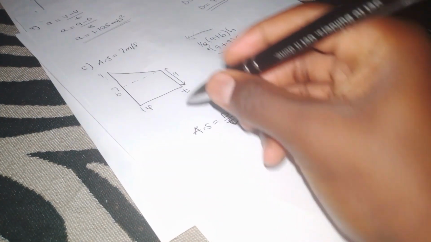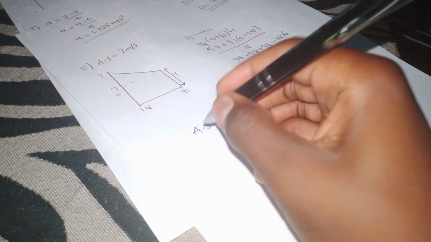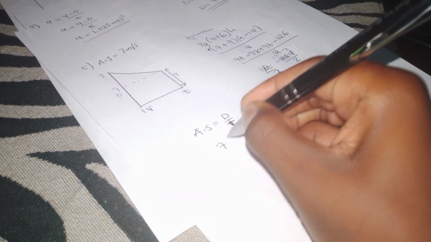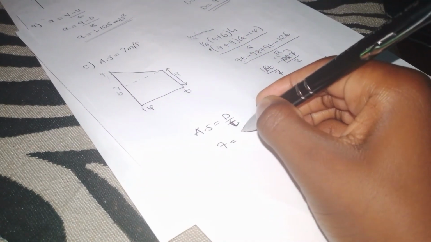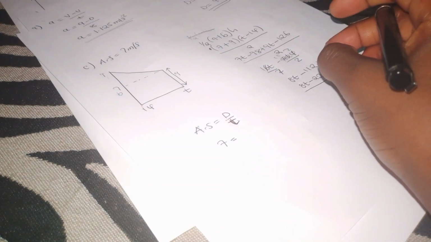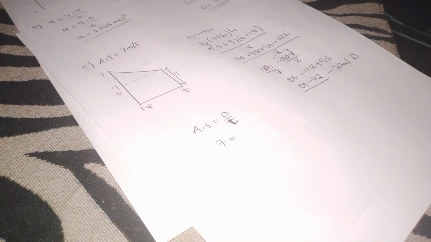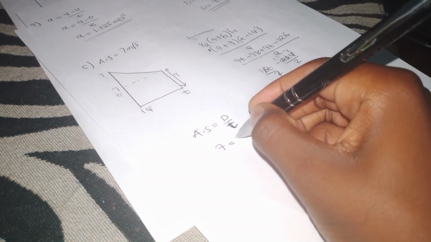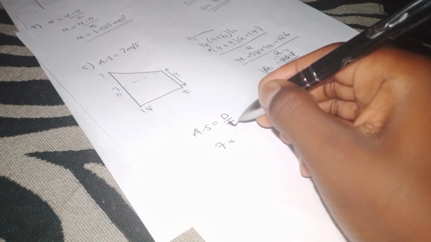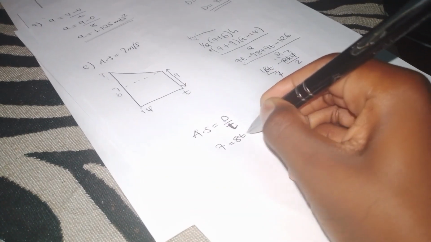So we're just going to replace 7 is equal to, we've just found our total distance, 8t minus 22. Since we don't know the t, we're just going to say 8t minus 22 divided by t.